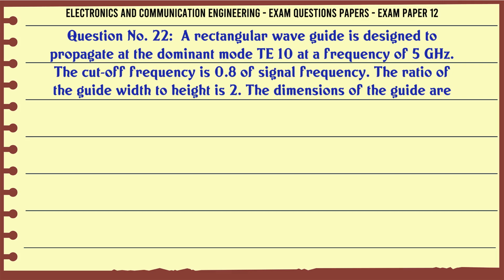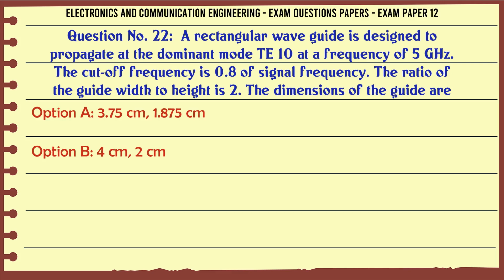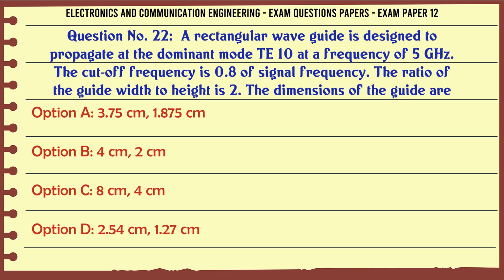A rectangular waveguide is designed to propagate the dominant mode TE10 at a frequency of 5 GHz. The cutoff frequency is 0.8 of the signal frequency. The ratio of the guide width to height is 2.